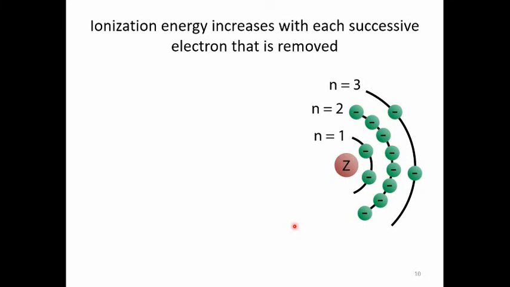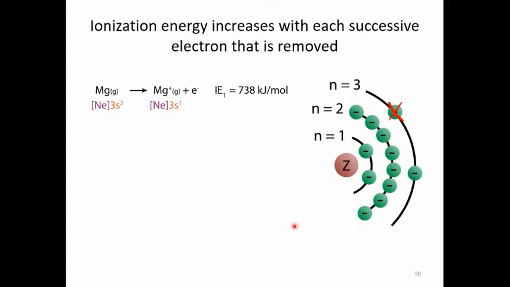So, for the first process, if this is magnesium and we're removing an electron, magnesium has an electron configuration of a core of neon with 3s2. We pull off an electron from the 3s subshell, and now its electron configuration is neon 3s1.